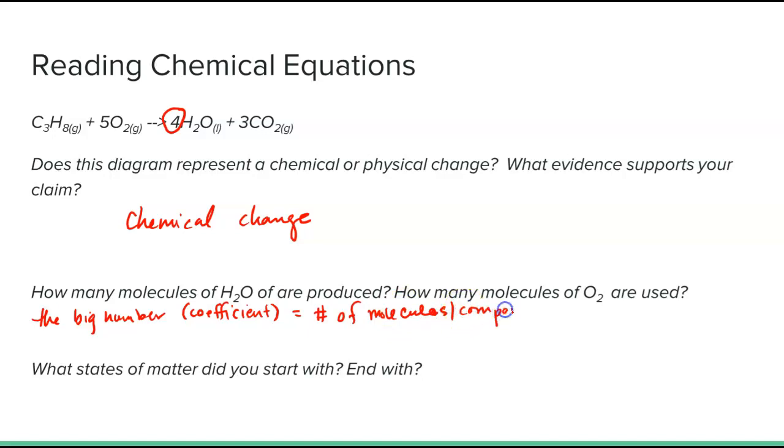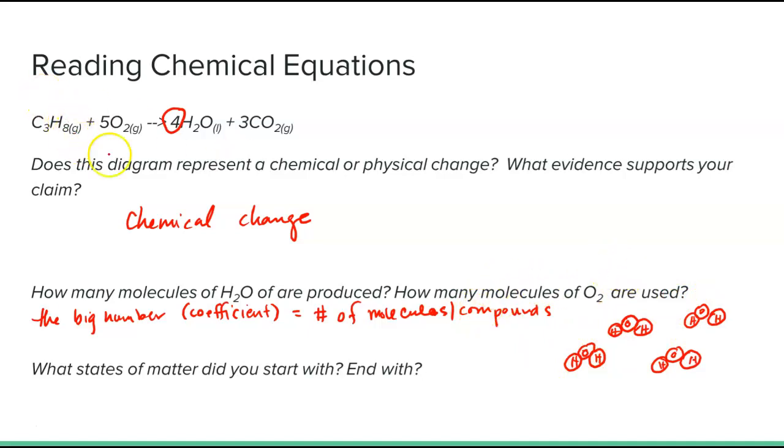Okay? So in this case, because I have the number 4 for H2O, I know I have 4 molecules of H2O. So that would mean, if I were to draw that out, I have 1, 2, 3, and 4. Okay? So that means 4 molecules of H2O are made.